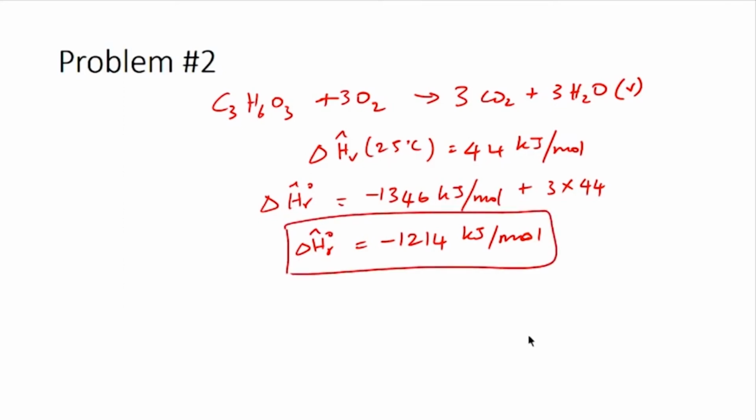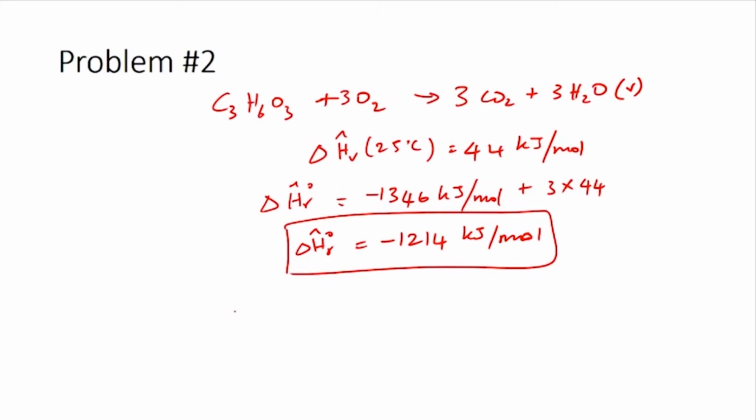To identify the total number of moles of lactic acid which has actually been combusted in the system, we have to use either the heat of combustion based on liquid water being formed or water vapor being formed, and let us assume one of them. In this case I have assumed that liquid water is being formed to calculate the total number of moles of lactic acid burnt in this process.